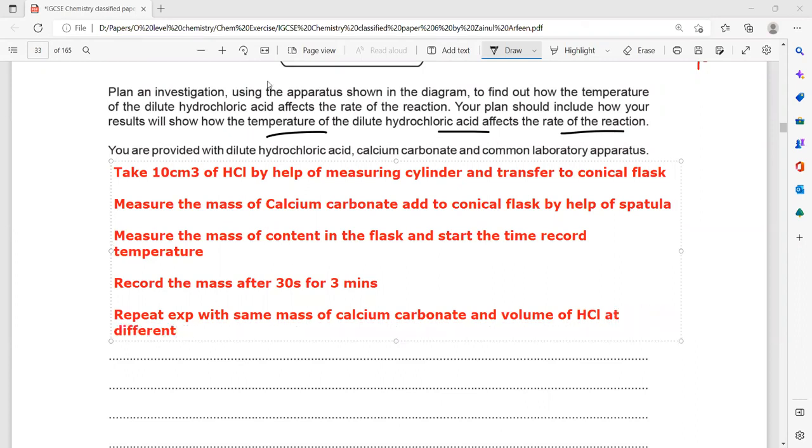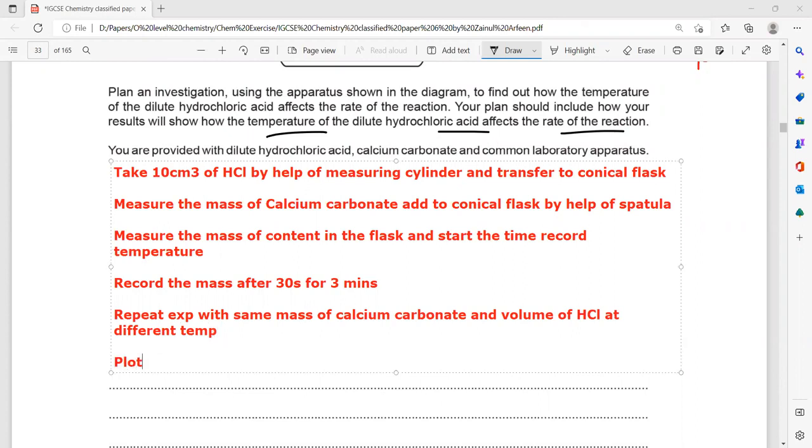And how can I make the temperature different here? I can warm it, or place it in a thermostatically controlled water bath. That is also fine. So repeat the experiment with the same mass of calcium carbonate and volume at different temperatures. Like first we took hydrochloric acid at 20, then we warmed the hydrochloric acid to 30 and did the experiment, then 40 and did the experiment.